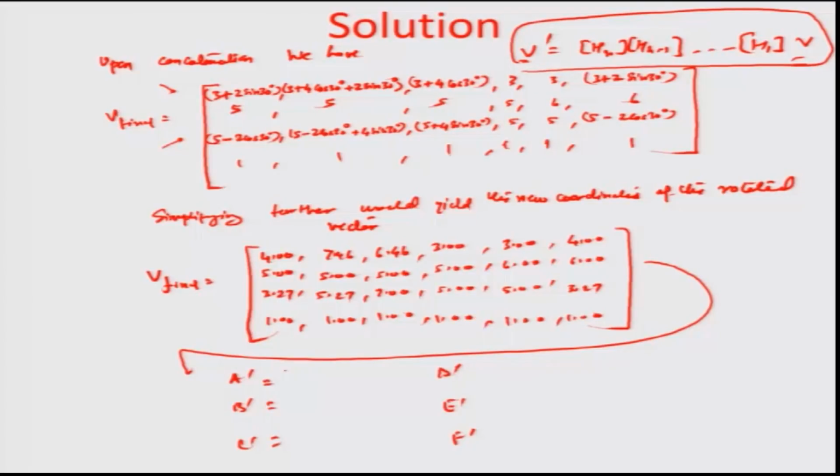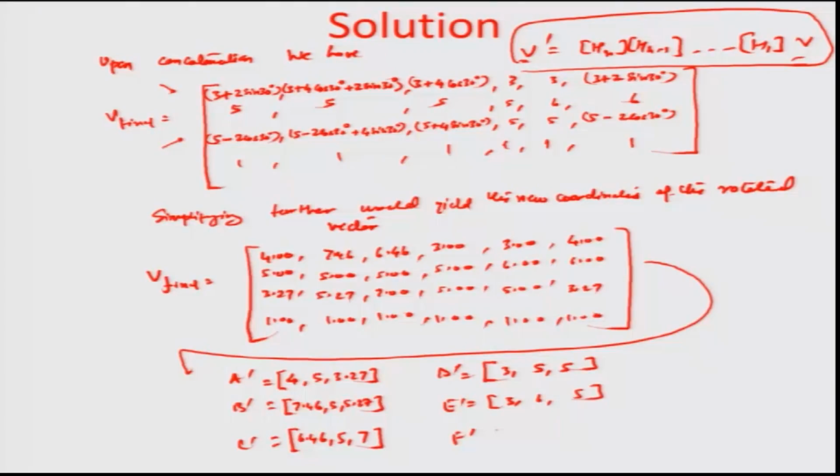I would be able to write A dash as 4, 5, 3.27, B dash as 7.46, 5, 5.27, C dash as 6.46, 5, 7, D dash as the same value 3, 5, 5, E dash to be the same value 3, 6, 5, and F dash to be 4, 6, 3.27.